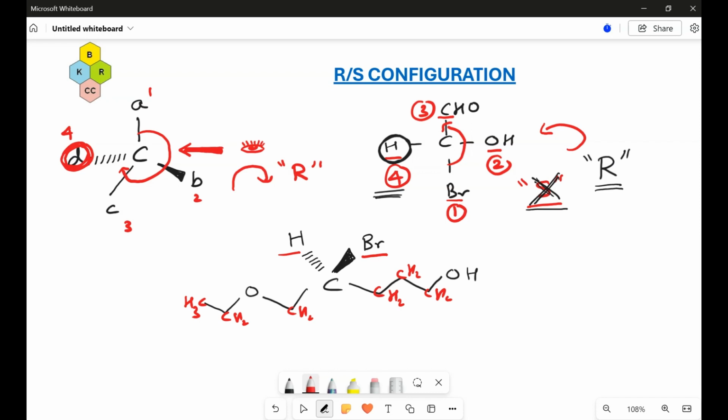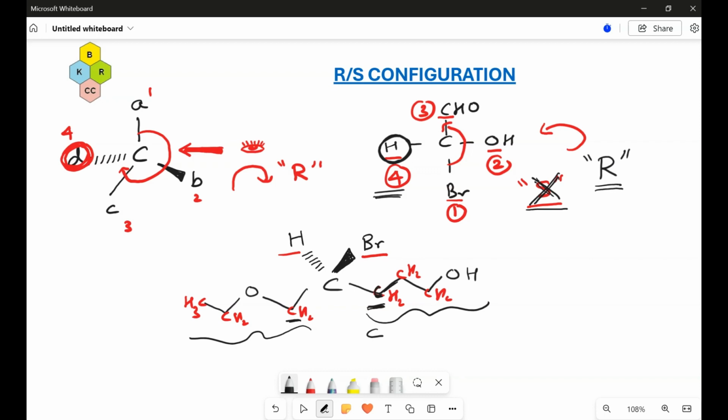Now the problem is I have a carbon here and I have a carbon here too, but they are different. Here I have CH2, CH2OH. I have a CH2 and OCH2, CH3. So they are different. I have four different groups, but the directly attached atoms, both are carbon. Now, how to assign the priority? When you are not able to assign priority at the first look, go beyond the bonds. So I have to traverse beyond the bonds.